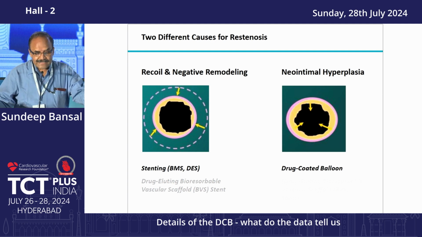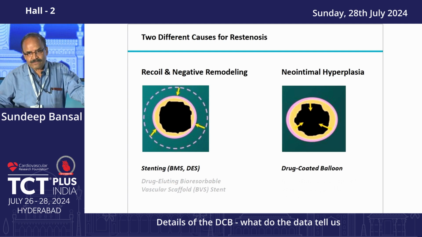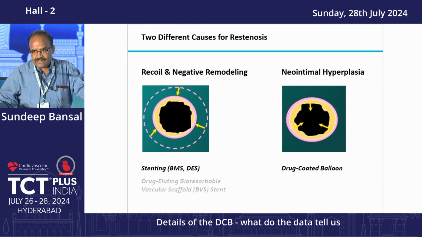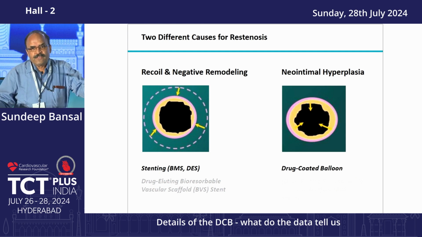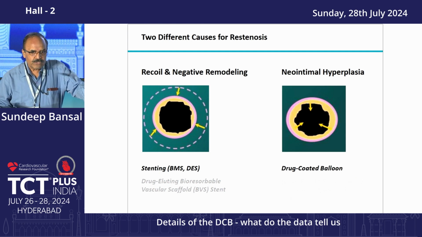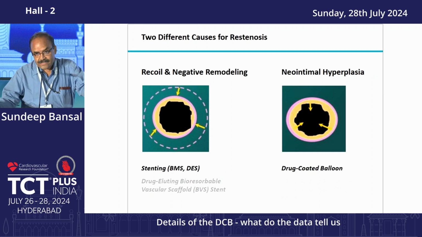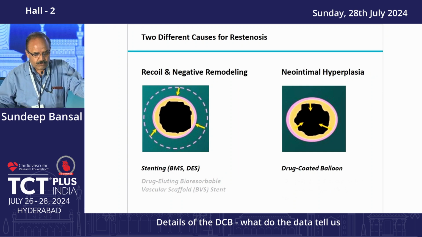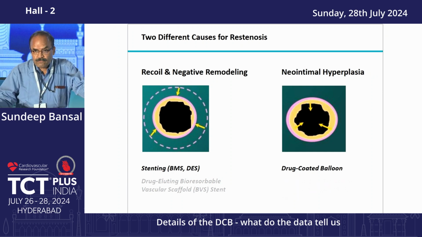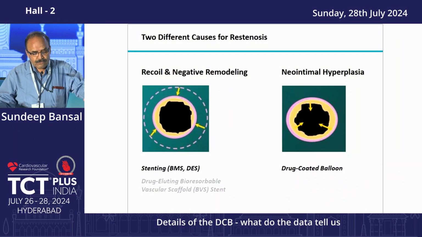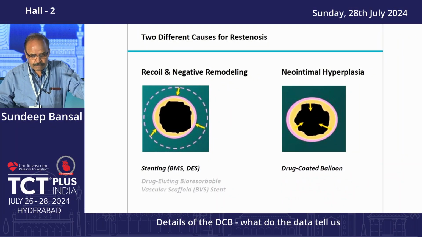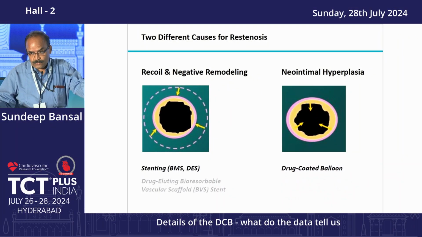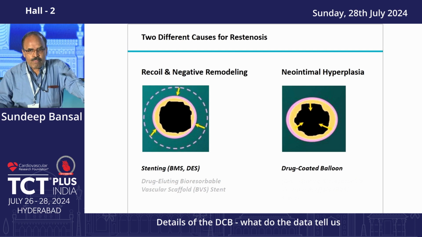Come the bare metal stents, the recoil part was virtually taken away. So the restenosis rates, which for a typical LAD would be 40 to 45%, fell down to about 15 to 20% because neointimal hyperplasia was not taken care of.